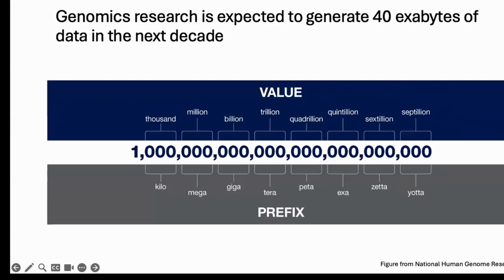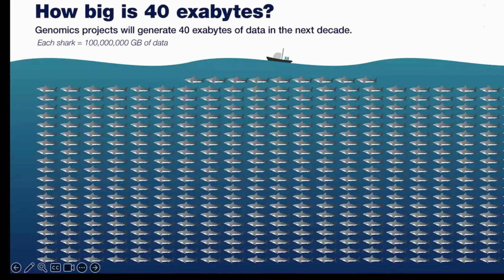But it also means that genomics data is just huge. And so genomics data is expected to generate 40 exabytes of data in the next decade. And I mean, exabytes, like what is that even? That is just so big, it's almost impossible to think about for me. So I think this graphic is a little bit helpful.